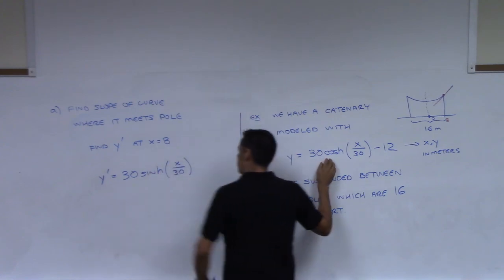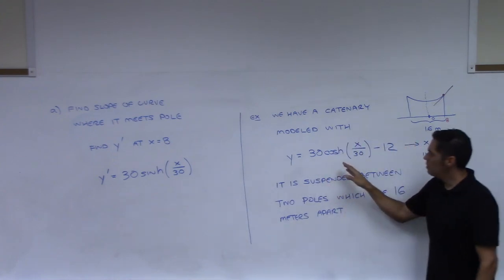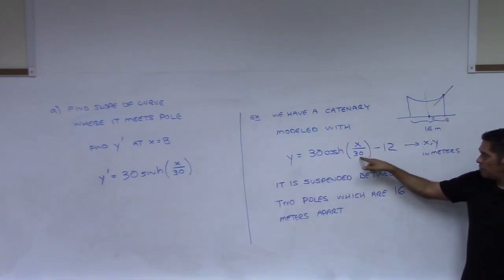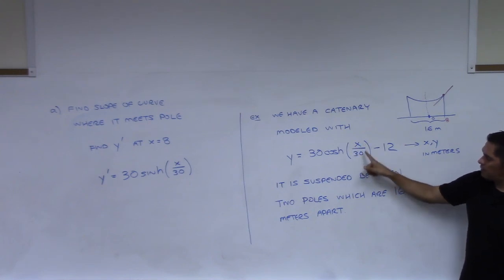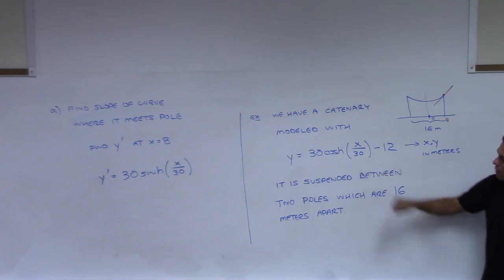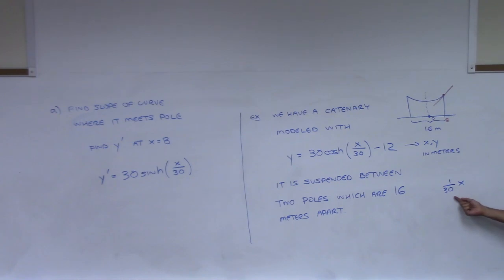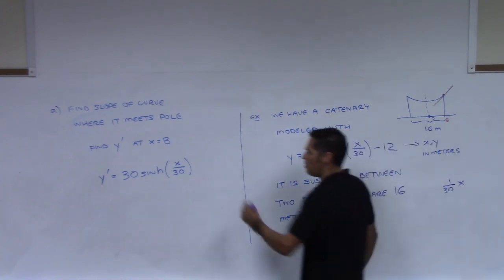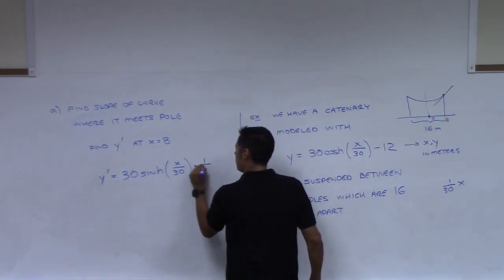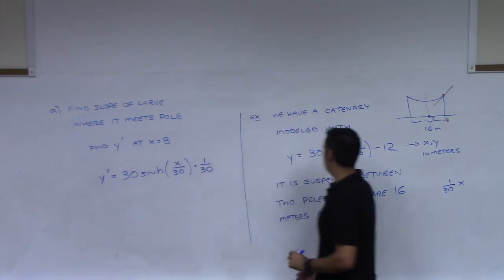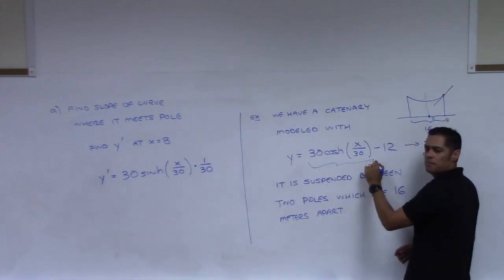Are we done? Now the derivative of the inner function, the argument of this cosine hyperbolic function. What's the derivative of that? 1 over 30. So times 1 over 30. That completes taking the derivative of this.